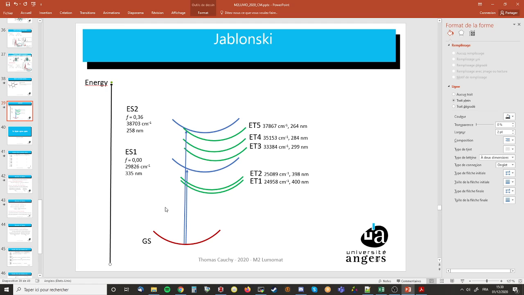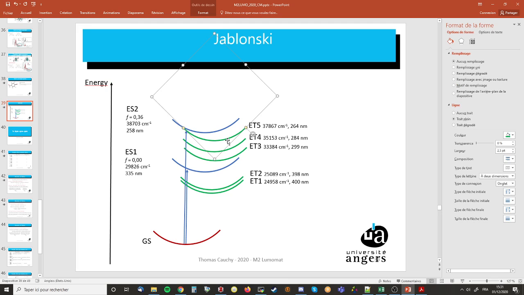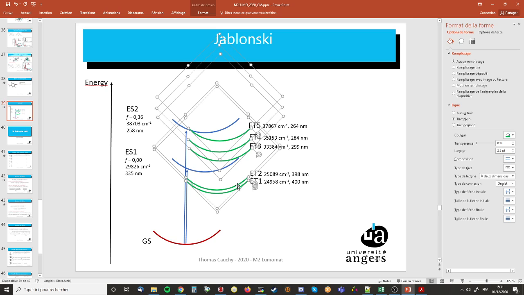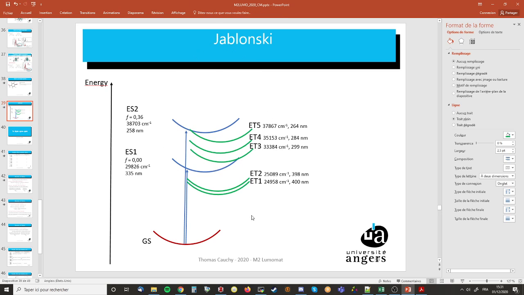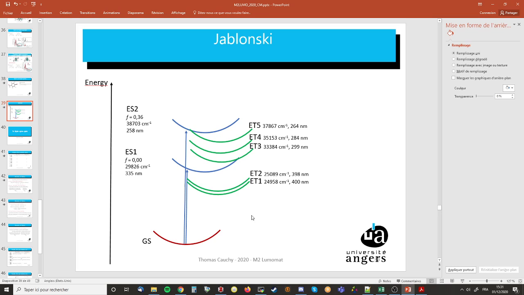Do you think that you can have a vibrational relaxation between the excited state 1 and the ground state? It doesn't seem to be a forbidden transition. We don't have this information.